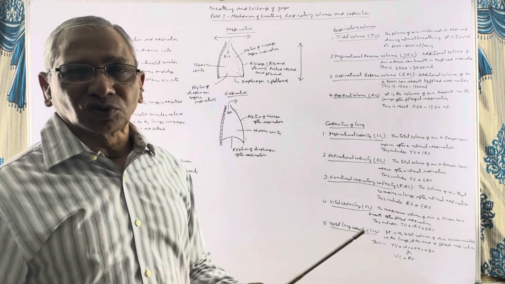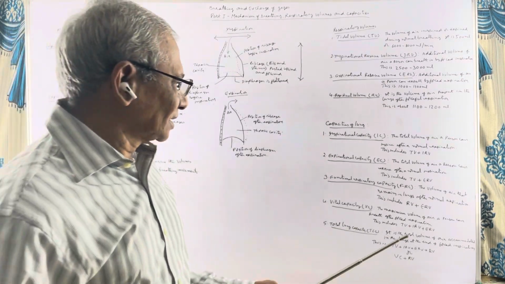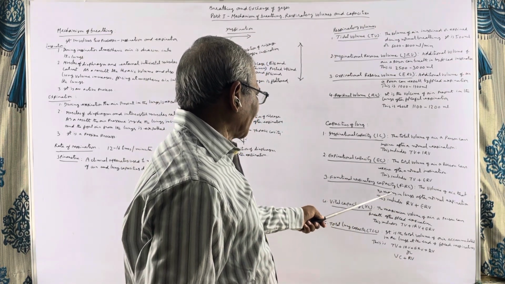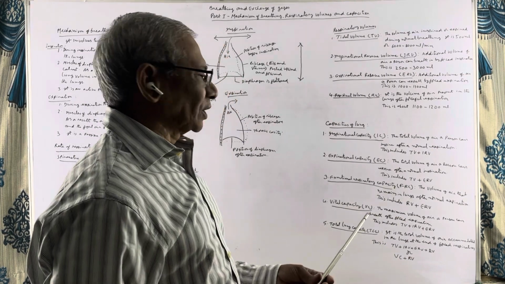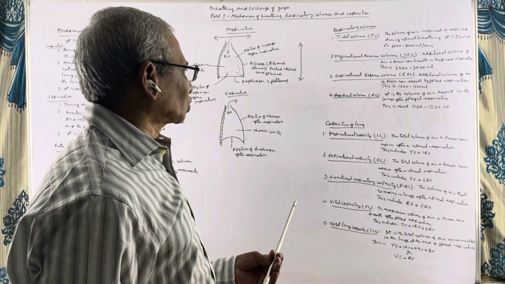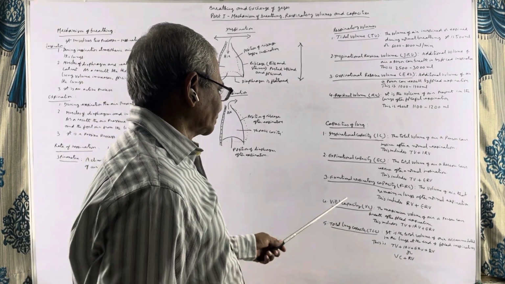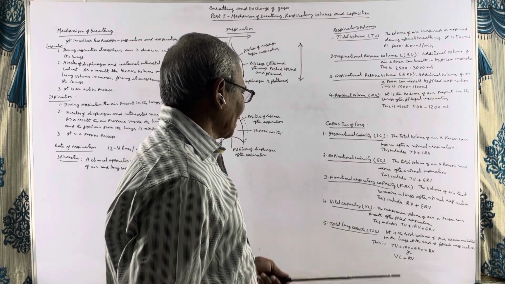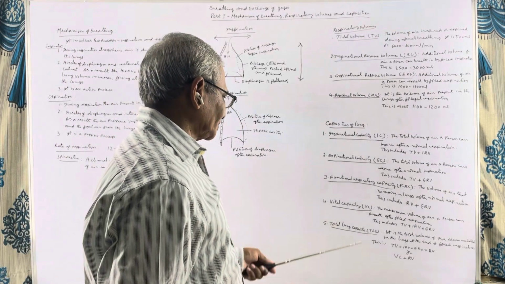RV means residual volume, which is 1100 to 1200 ml, and ERV is 1000 to 1100 ml. That means 2100 to 2300 ml. That is about functional respiratory capacity.